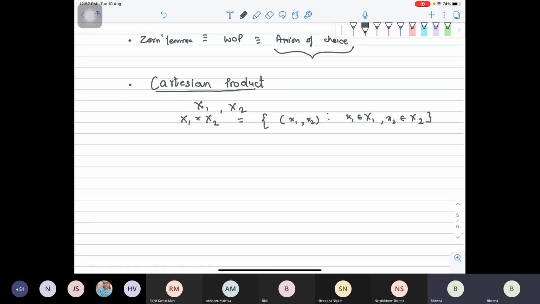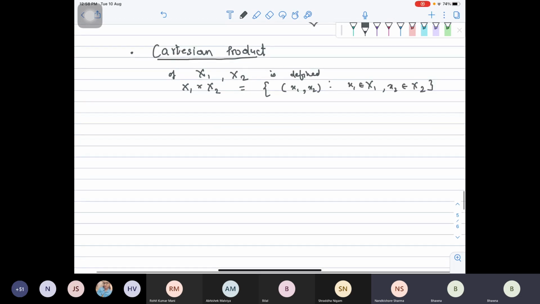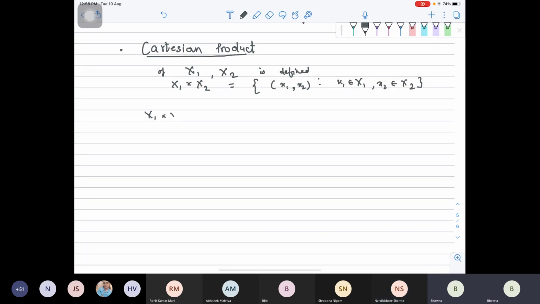This is the way we have always defined the product of two sets. We have similarly defined the Cartesian product of a finite number of sets, X1 cross ... cross Xn. You all know that we have always defined such things.